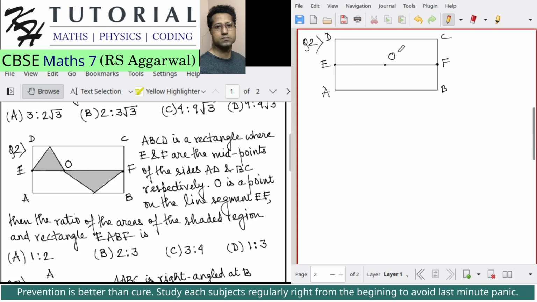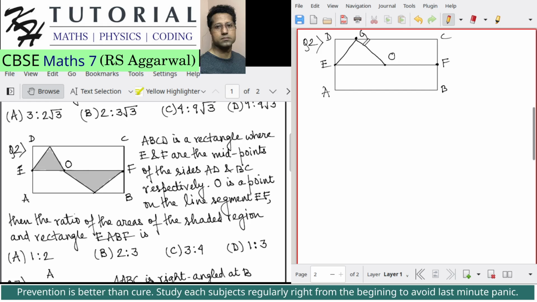Also note this point, let's say I'm calling it G. It is not given where the point G will be. G will be anywhere on the side DC.